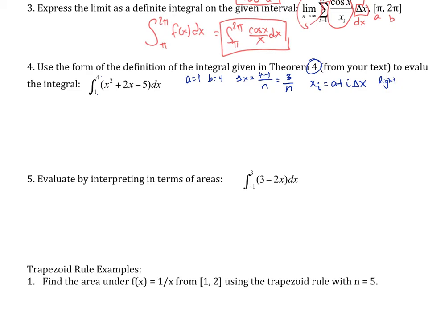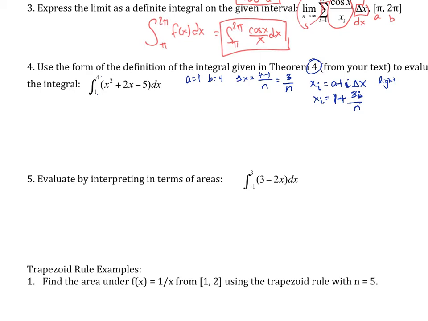So my x sub i will be equal to a, which is 1, plus i times delta x. So I'll have 3i over n in this particular situation. This will be x sub i: my a is 1, and 3i over n is i times delta x.